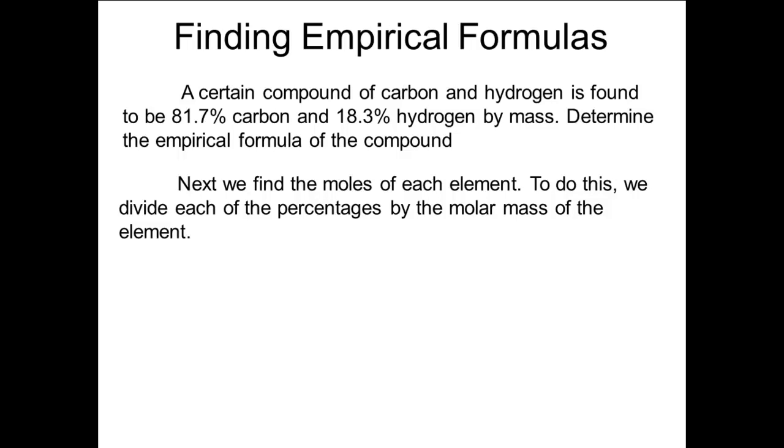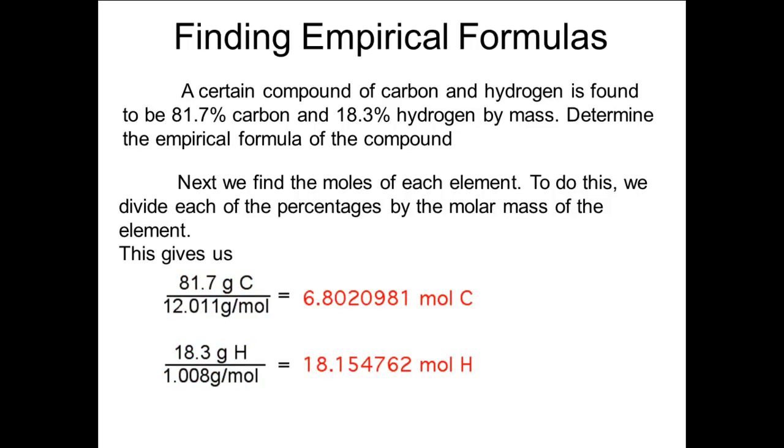Next, we find the moles of each element. To do this, we divide each of the masses by the molar mass of the element that we find in the periodic table. So, we divide 81.7 grams of carbon by 12.011 grams per mole. And we divide 18.3 grams of hydrogen by 1.008 grams per mole.